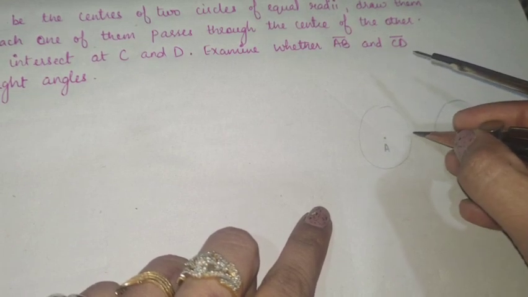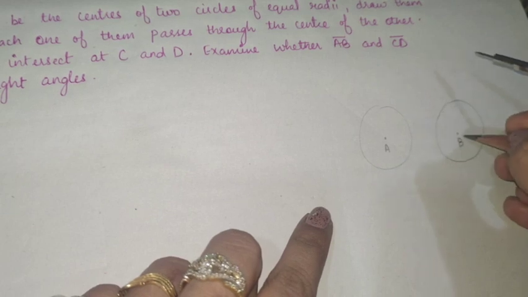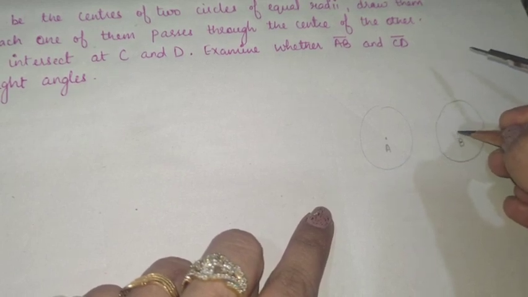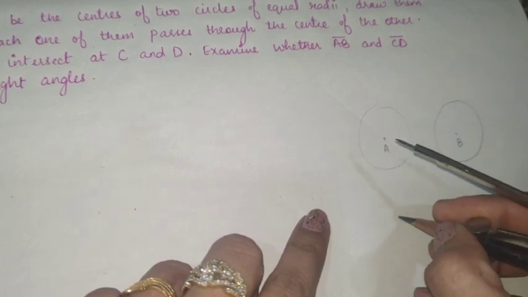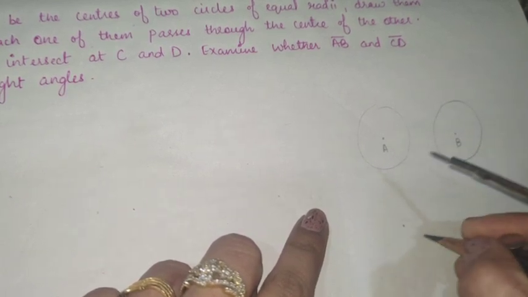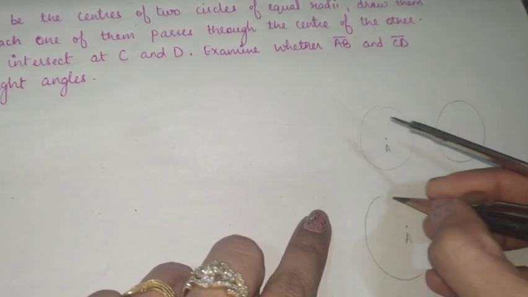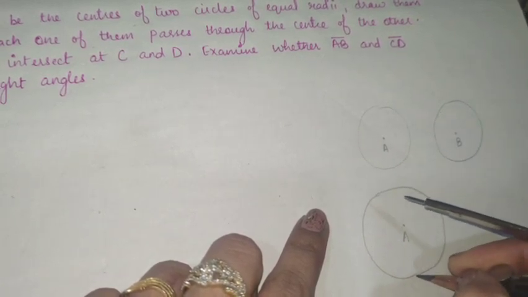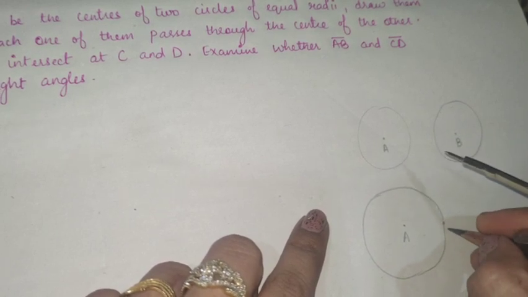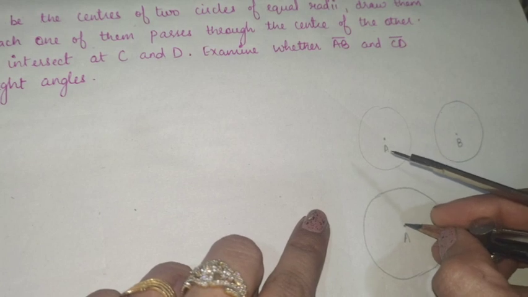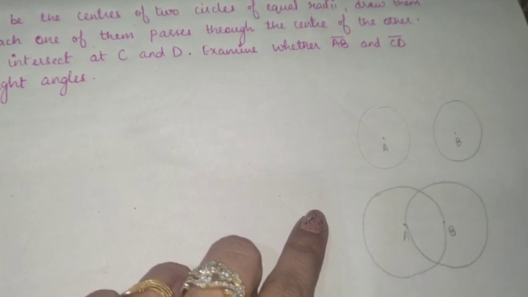This circle needs to be passing through this center B, and this circle needs to pass through this center A. So roughly, if this is your center A and this is the circle for this center, B has to be somewhere here, and for this the circle needs to pass through A. So this is your rough figure.